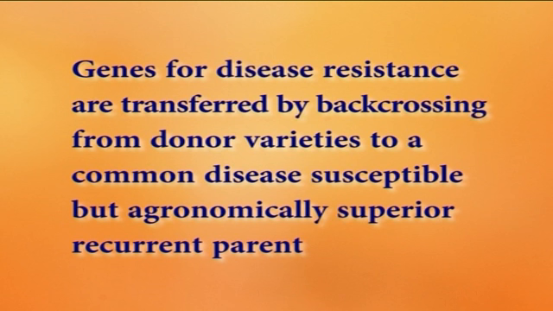Genes for disease resistance are transferred by backcrossing from donor varieties to a common disease susceptible but agronomically superior recurrent parent. Isolines are generated differing only in the gene for disease resistance.